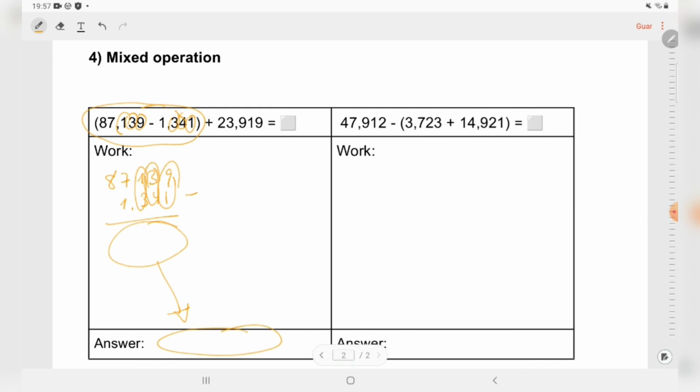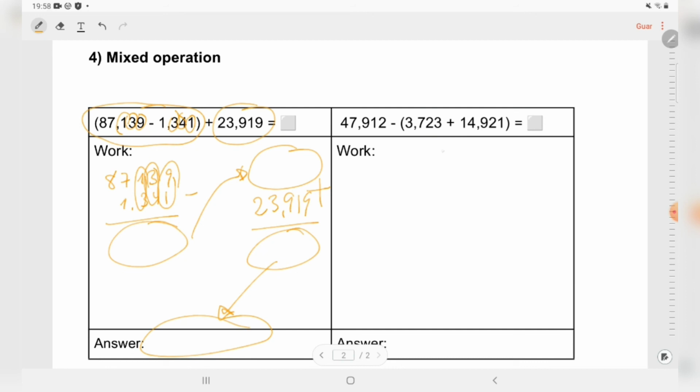But this is not the final answer, huh? Take care, because now this is the first operation, and after we have an addition. So basically we take this number, we write it in addition form, and we add it to number 23,919. And now, yes, the final answer we write down over here. Two operations, one final answer.